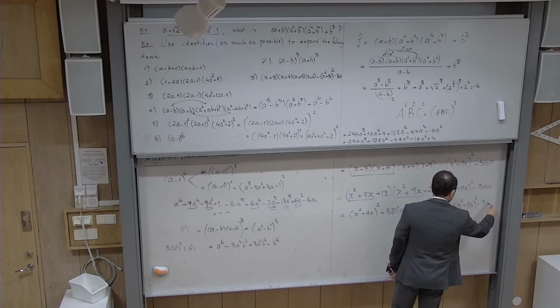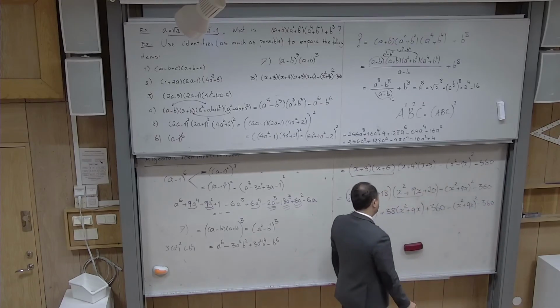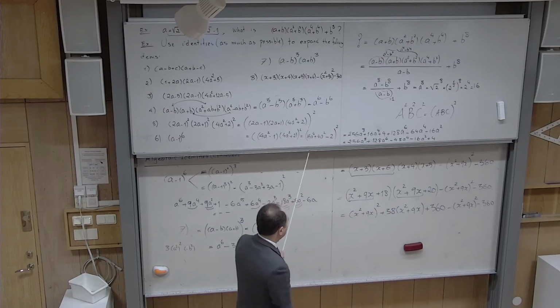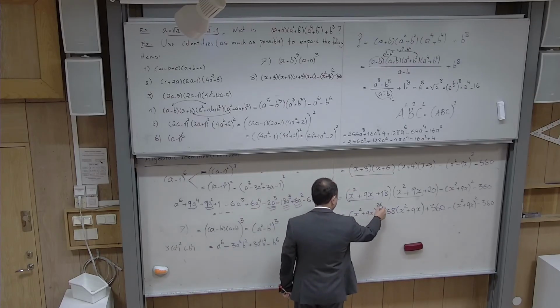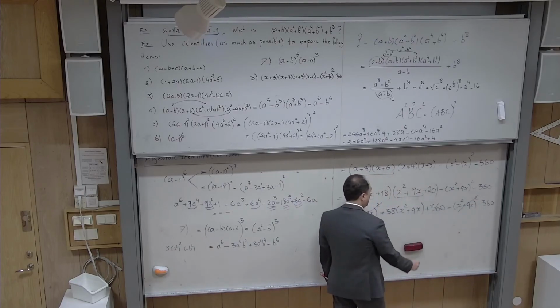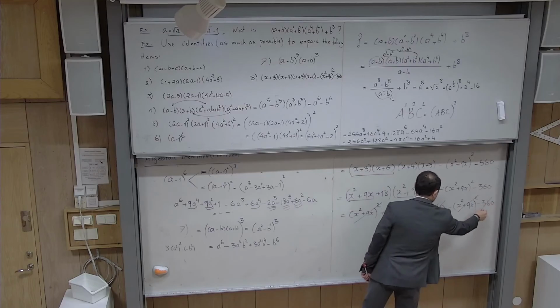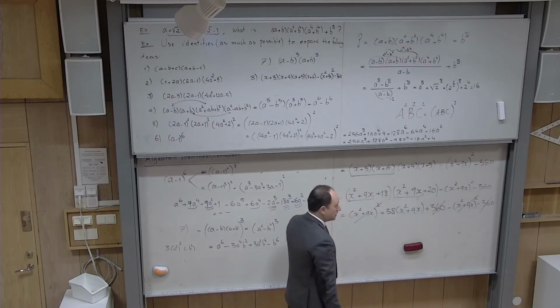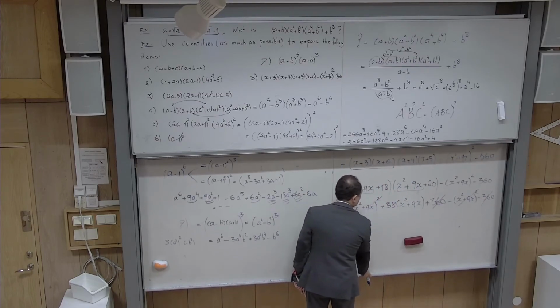So that's the whole point. By training, you can actually read the mind of those people who did this. It's not hard. Whatever this guy is, I don't care, because this is cancelled with that one. And this one is also cancelled with that one. And then we just need to expand that.